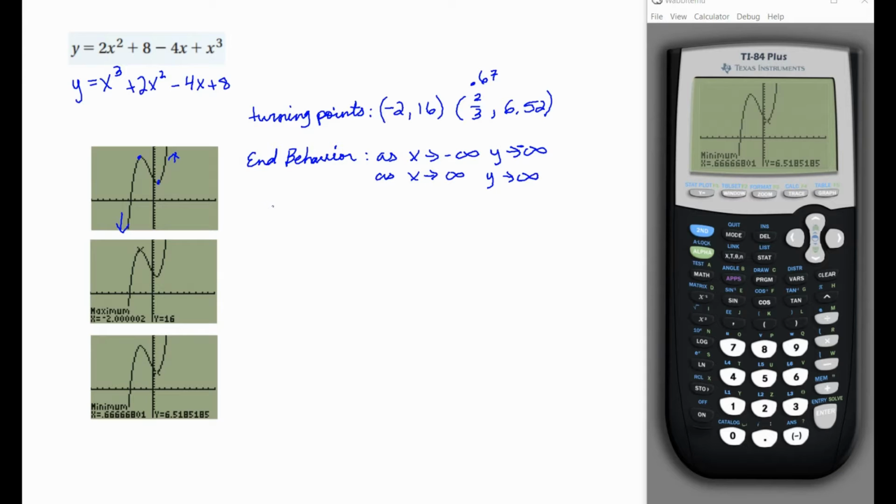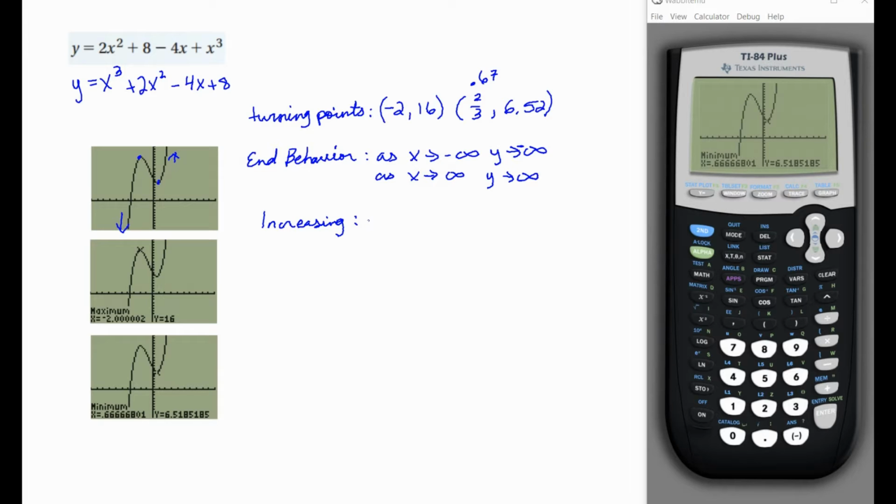Now, the last thing we need is increasing, decreasing behavior. So increasing, let's take a look at it. It is increasing from the left side all the way to this turning point, and then it goes to decreasing, and then it goes up, up, up again. So kind of like a roller coaster. You're going up, you're going down, going up. Alright, so we're going to have to say those two increasing parts separately.